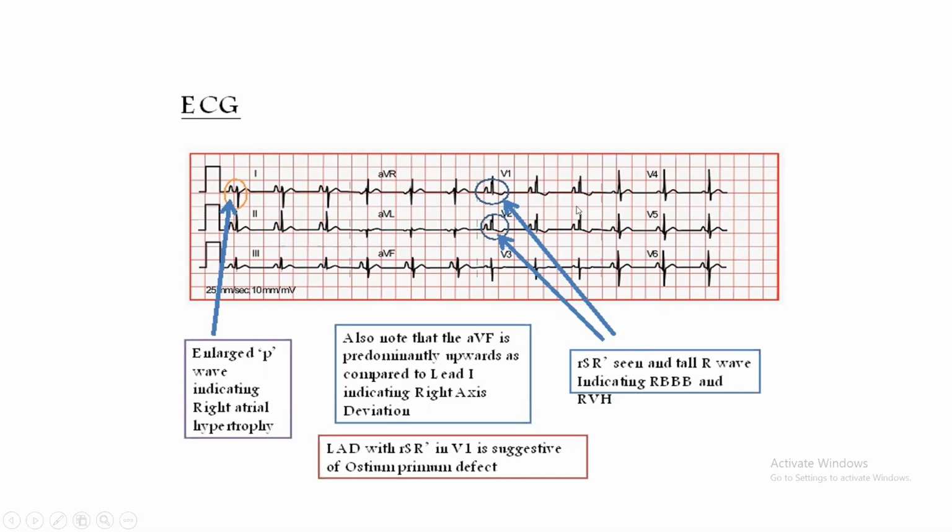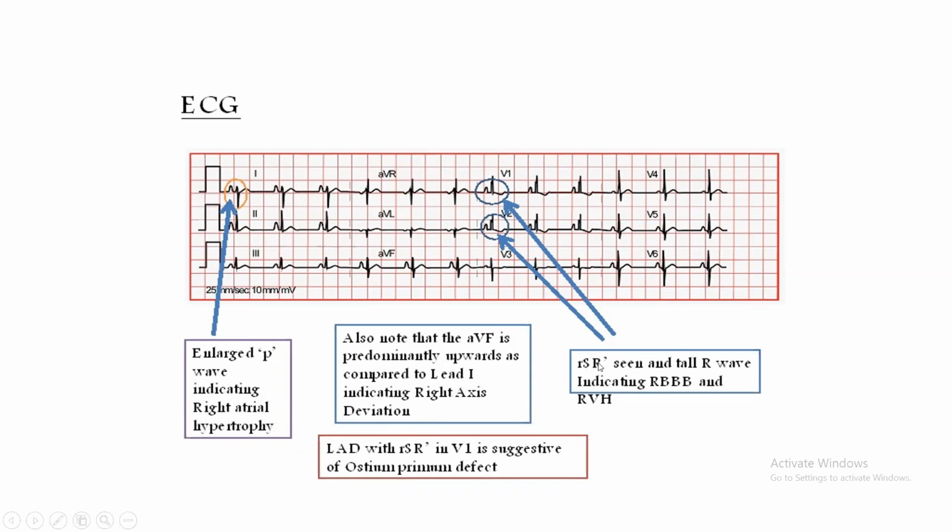And the explanation is here: you can see the enlarged P wave indicating right atrial hypertrophy, and even more, the QRS waves are completely upside down because of the ASD. Also note that the AVF is predominantly upwards as compared to lead one, indicating right axis deviation.